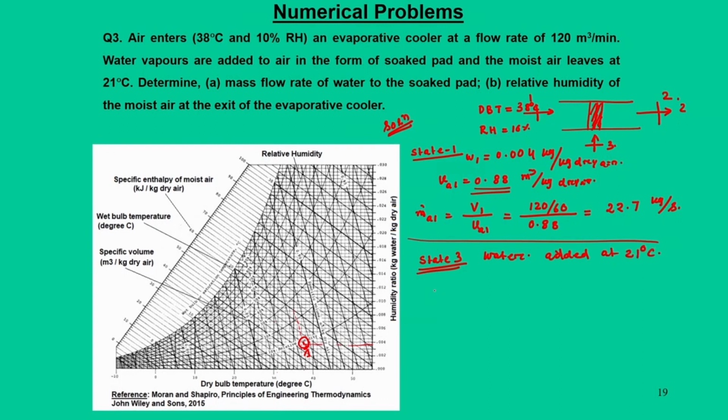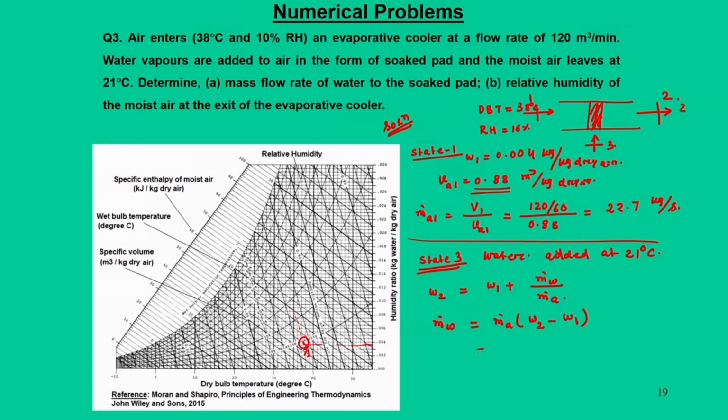Then omega 2 would be equal to omega 1 plus m dot w by m dot a, and m dot w is equal to m dot a into omega 2 minus omega 1.